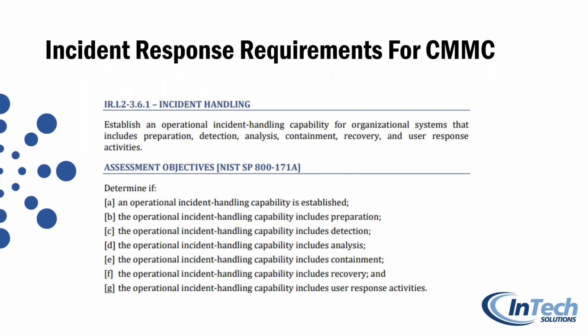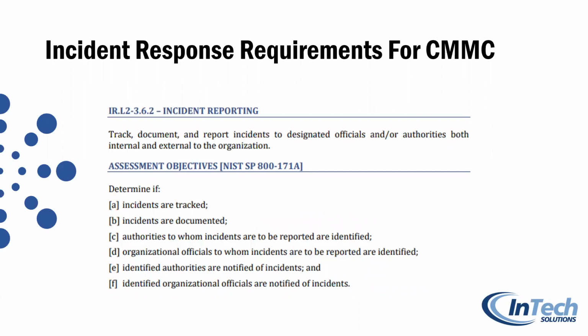It includes preparation, detection, analysis, containment, recovery, and user response activities, which is what it said above. But you have to determine that all of those things are indeed in there. And the IRP that we are going to work on today, if you follow it properly and modify it properly, will include that.